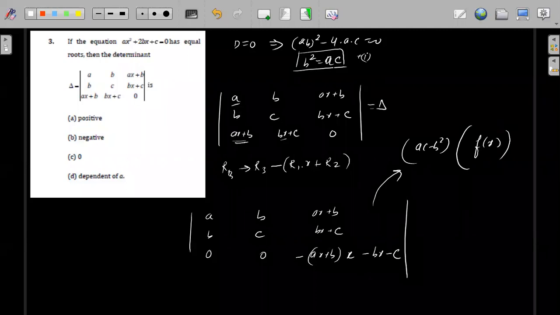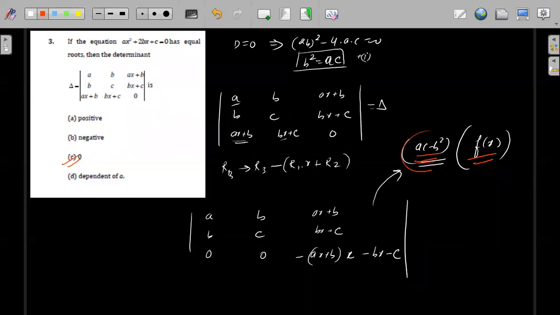Because they have already given that b square is equal to ac, no matter what value of a, b, c or x, this will always be equal to 0. So the answer is simply 0. No matter what value of x, a, b and c are related with this, so this is 0. Understood? It should be independent of x. I hope this one is clear.